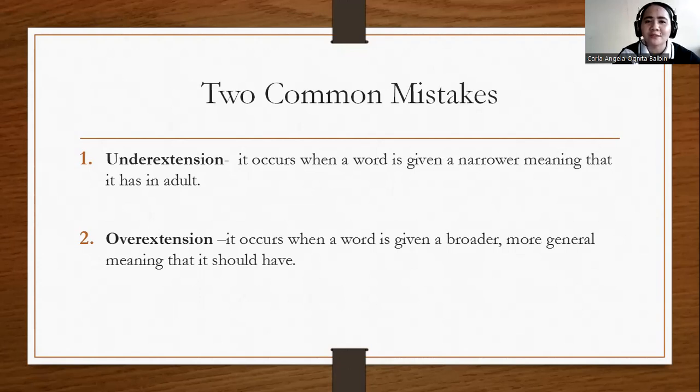It's because he or she doesn't have other words to use yet. So they try to extend the meaning of a word beyond the specific meaning of that word. So that's overextension. When they try to refer to all animals as doggy, that's actually overextension. Let's now come to the next one.